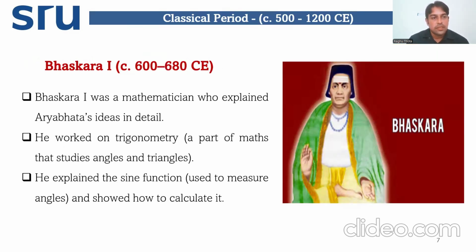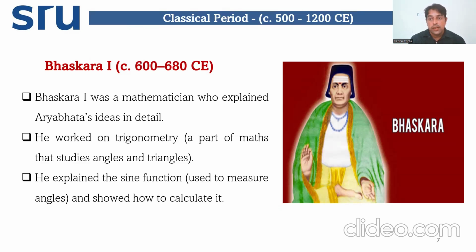There is another person called Bhaskara I, who belongs to 600 to 680 CE. Bhaskara II is also there. And what are his contributions to Indian mathematics? Bhaskara I was a famous mathematician who explained the ideas of Aryabhata in a very detailed manner. Whatever ideas were introduced by Aryabhata, he explained in great detail.